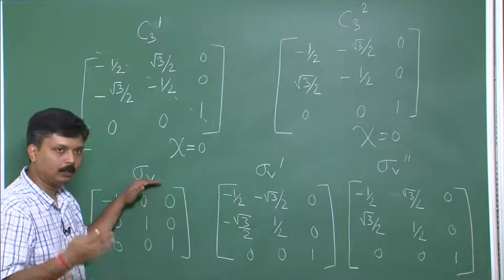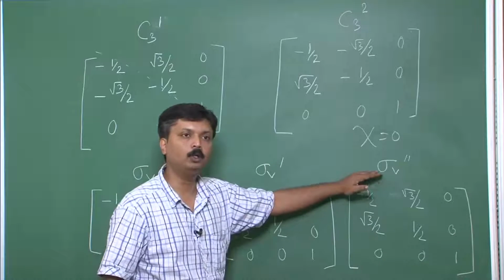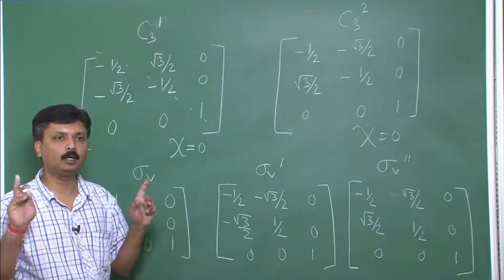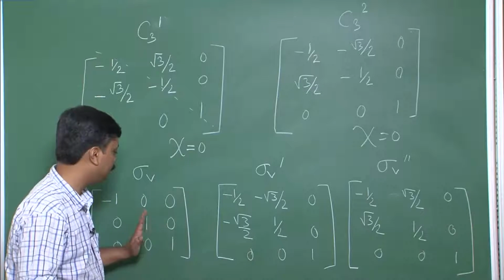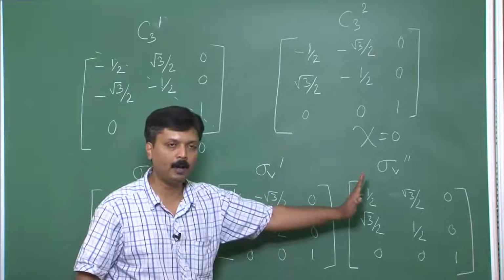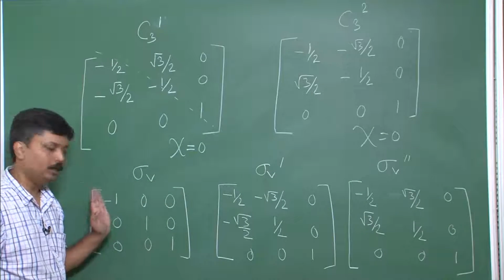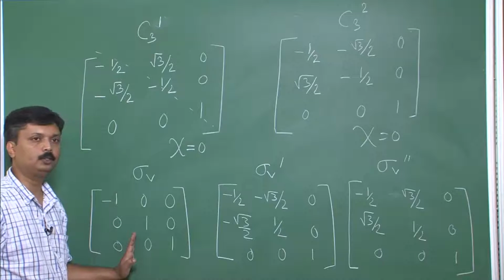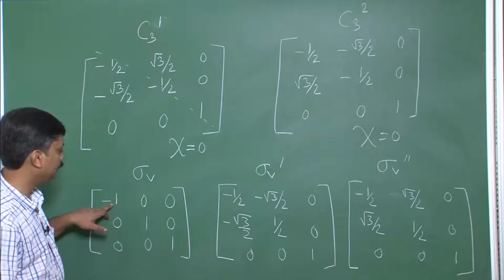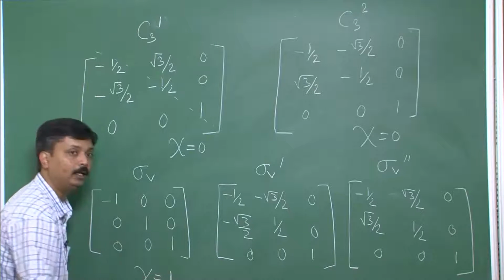For the same problem of C3v, I have 3 sigma v's, and we also said at that point of time that these 3 sigmas form a class. Therefore, the matrices representing sigma v prime and sigma v double prime are conjugate to each other, so their characters should be identical. Let's verify that. Here the character is minus 1 plus 1 plus 1, which is 1.